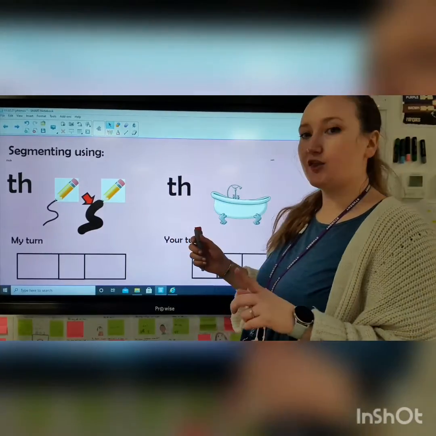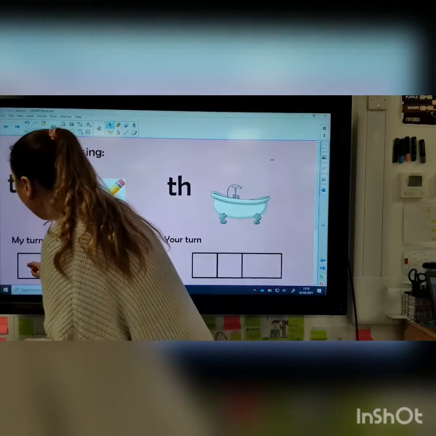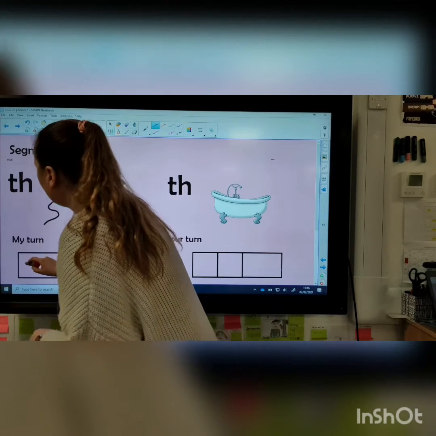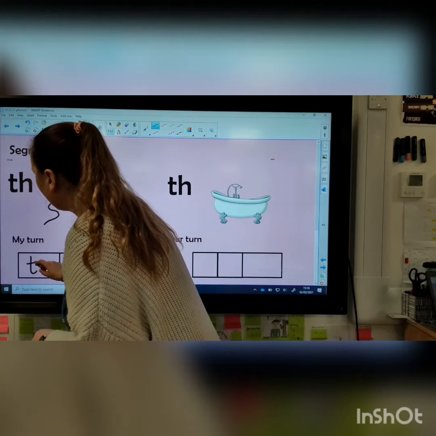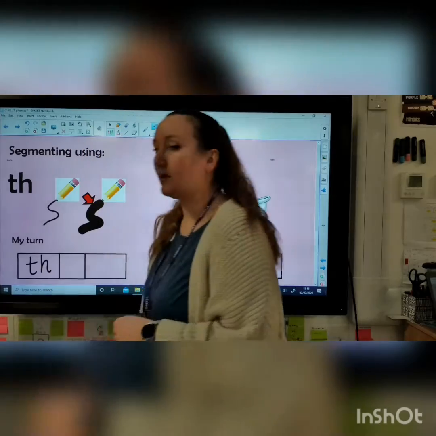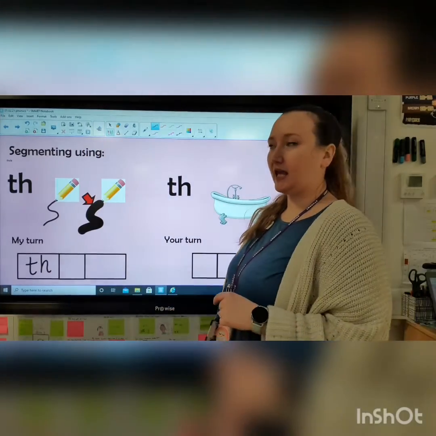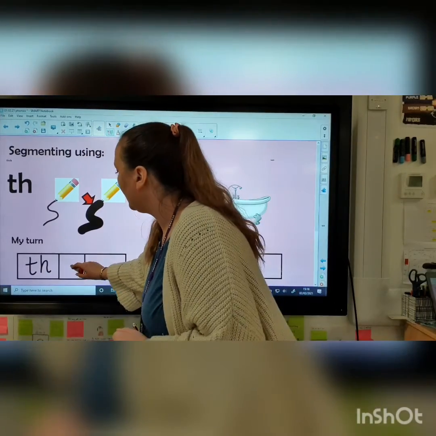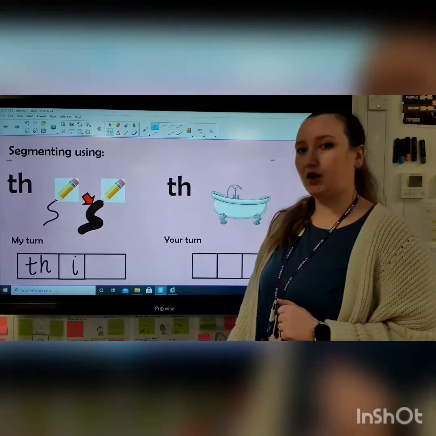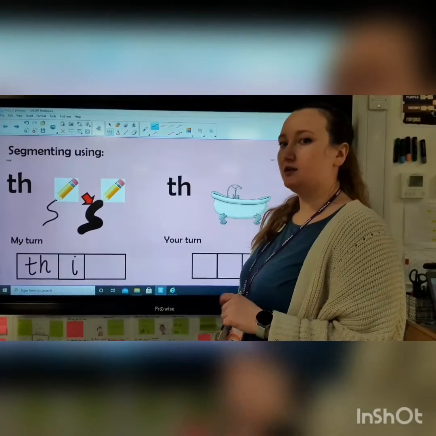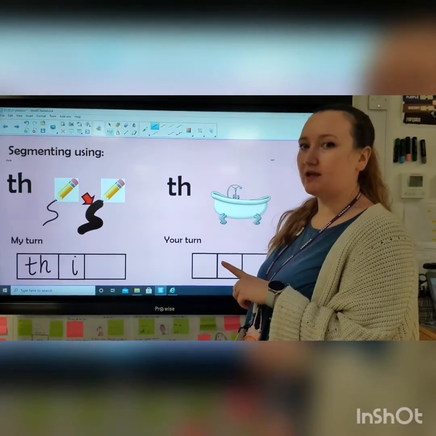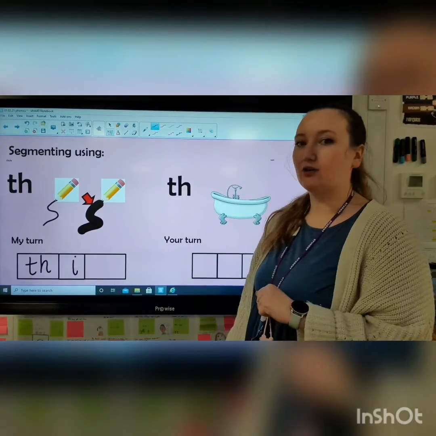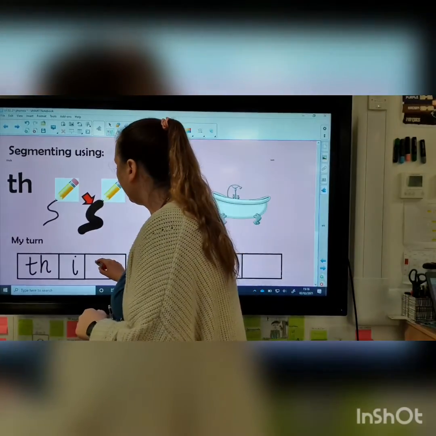So there's our new phoneme, th, thick, thick. Most of the time it will be that digraph. Okay.